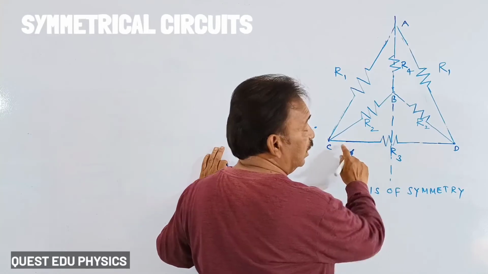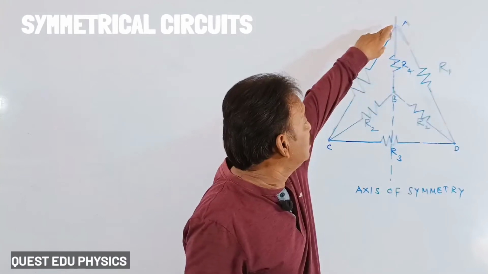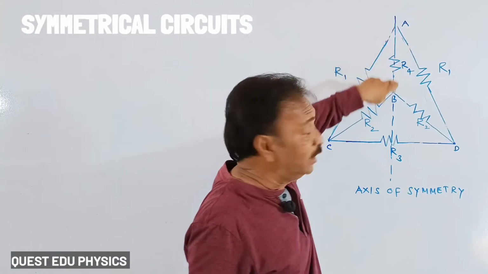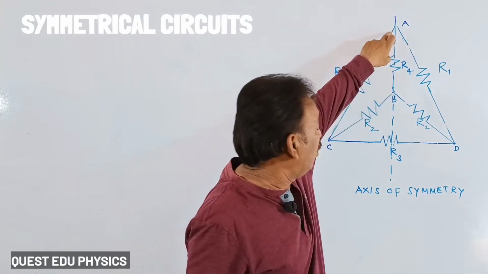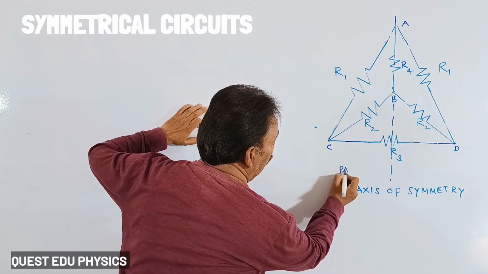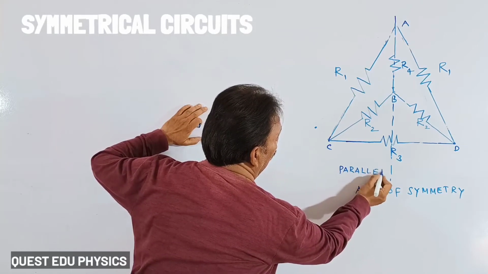Okay, students. And remember one thing. When we are taking the axis parallel to the points between which we have to find the effective resistance, we call it the parallel axis of symmetry.